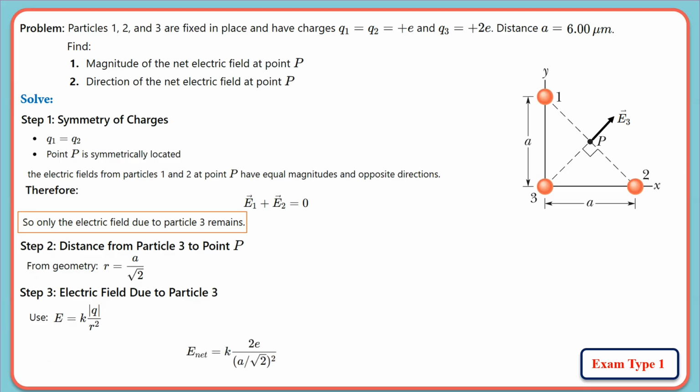Substituting the values, we get E net equals K times 2e divided by the quantity a over square root 2, squared. After simplification, the result becomes E net equals 4Ke divided by a squared. Now in the next step, we will calculate the numerical value and determine the direction of the electric field.